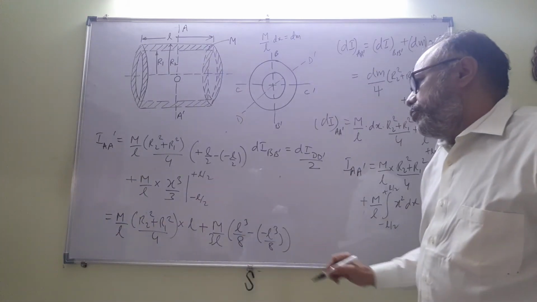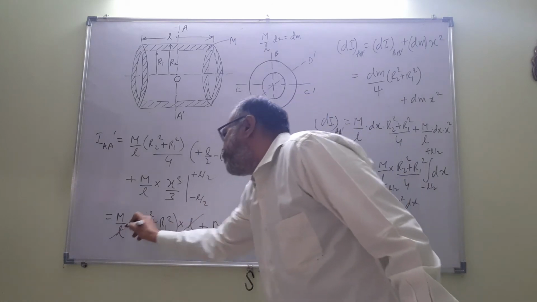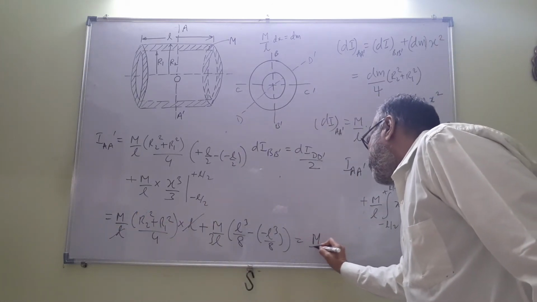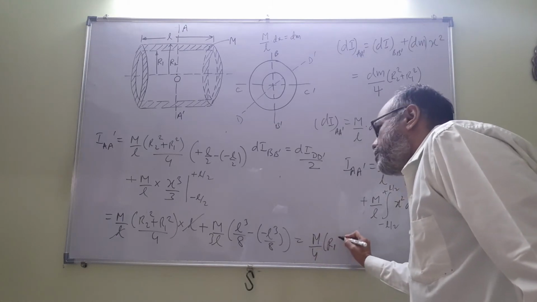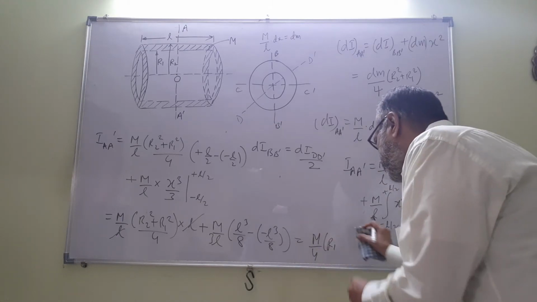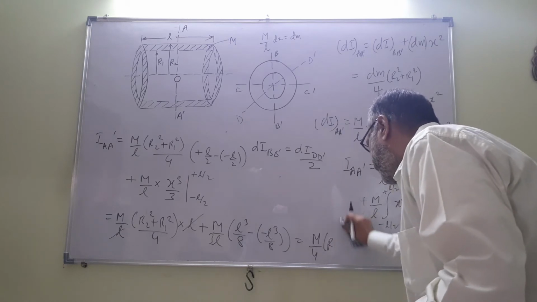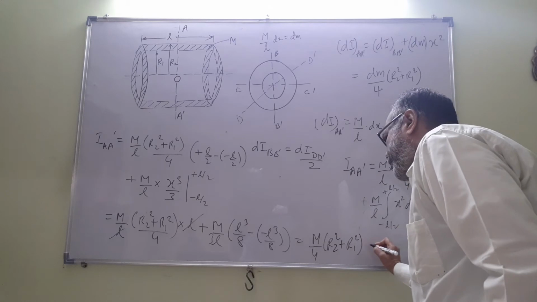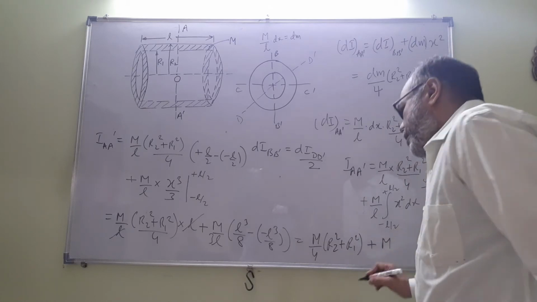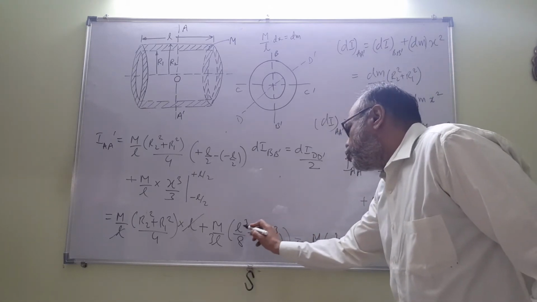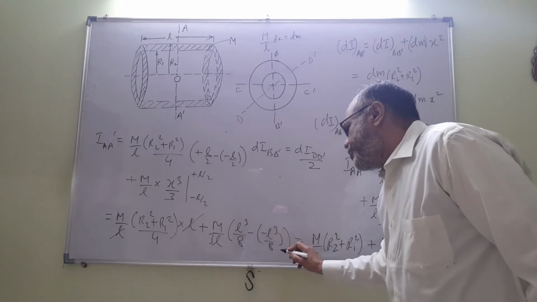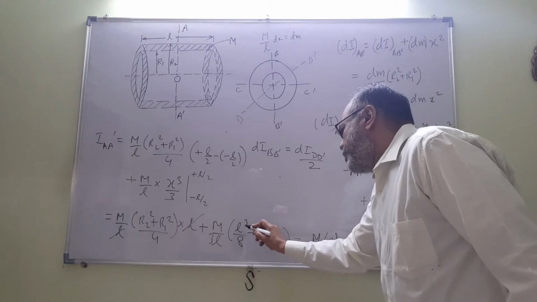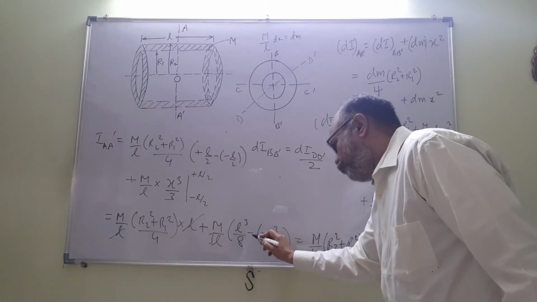So that is going to give us, L cancels, and we have m by 4 r2 squared plus r1 squared plus m by, this will be 2L cube by 8. So 2 will cancel with this 8. You will have L cube by 4.